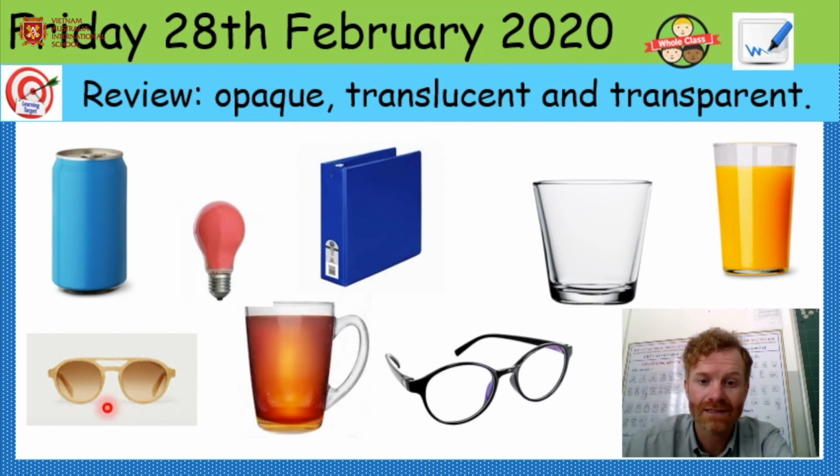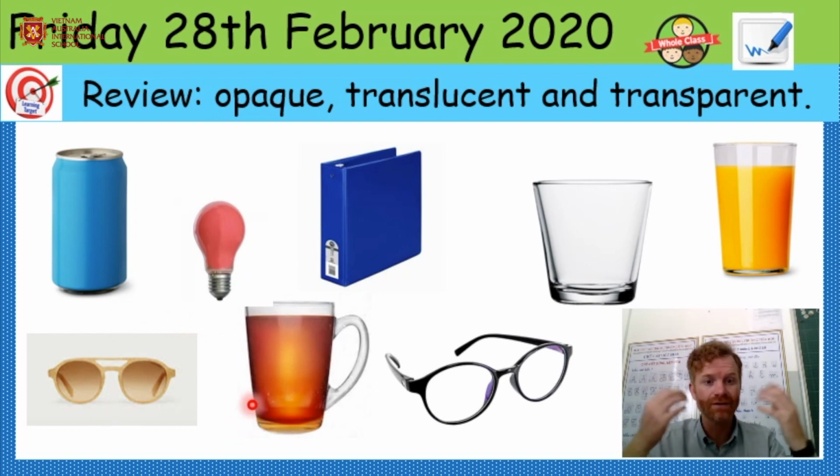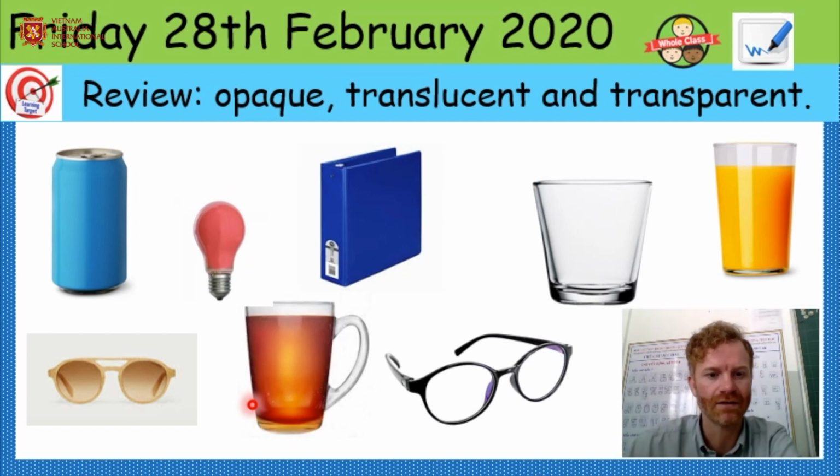Right, sunglasses. We talked about this yesterday. The point of sunglasses is to make some of the light shine through, but not all of it. It's to take the brightness out of the sun. So these are definitely translucent. And the same goes for this. Looks like a nice cup of tea or something. But if we shone a light, not all of it would go through, but some of it would.